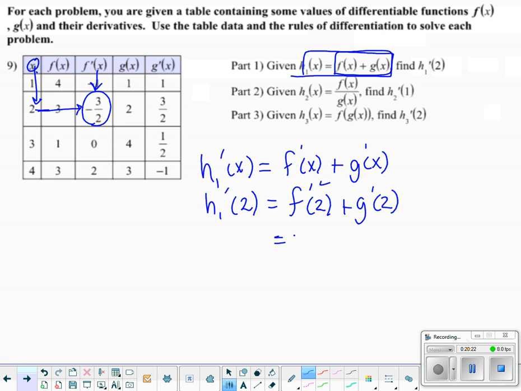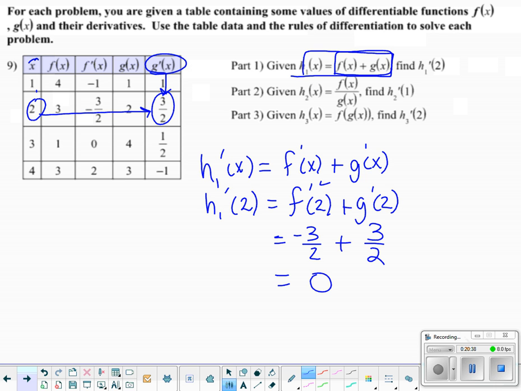When x is 2, I'd have negative 3 halves. Almost screwed up. All right. g prime. Here's g prime. Here's 2. Where do they intersect? 3 halves. Well, that's easy to add. h prime of 2 equals 0.